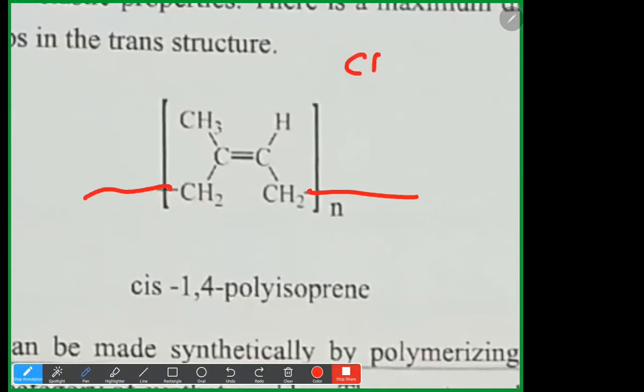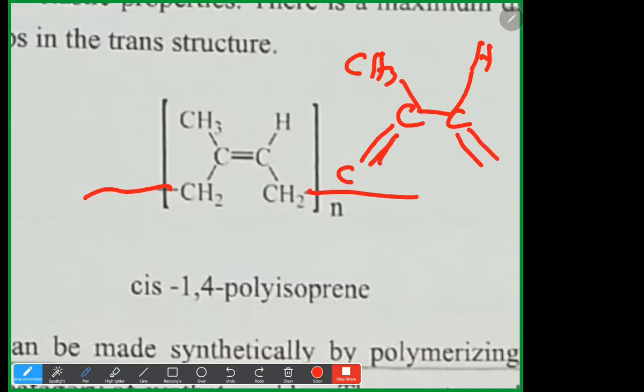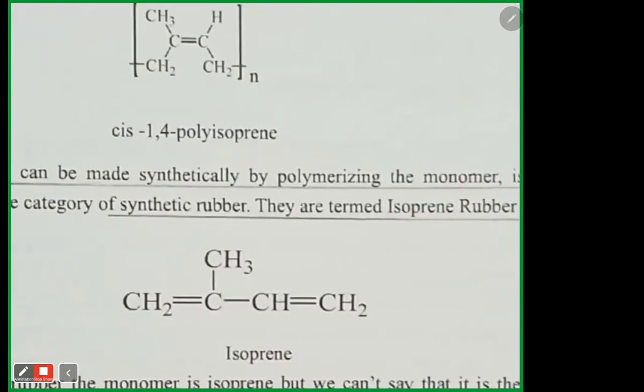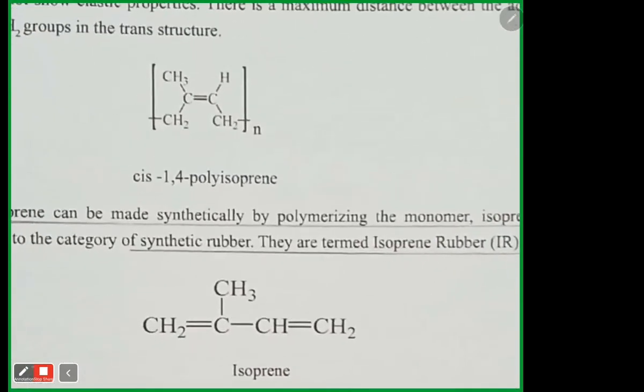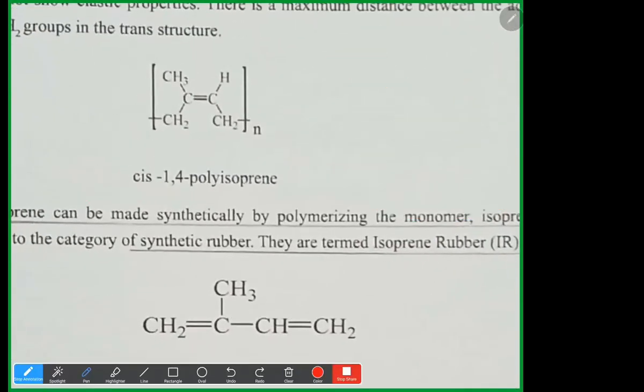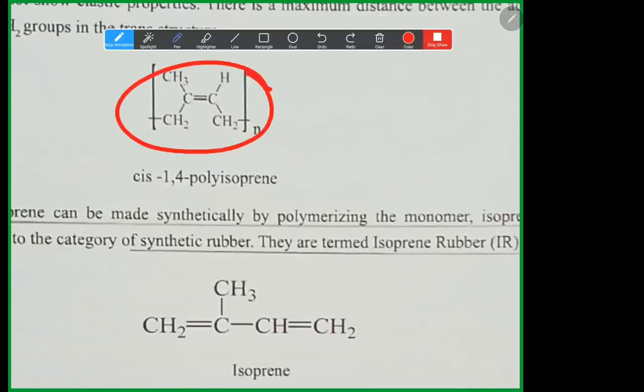This CH3 is just existing. C1 sigma is there, C and C. Then there's supposed to be this double bond and another double bond here and CH2, CH2. This is the monomer, understood? See, this is the monomer of this, but we are not making it using this monomer.